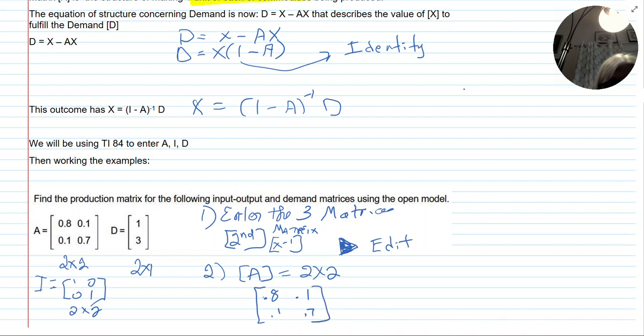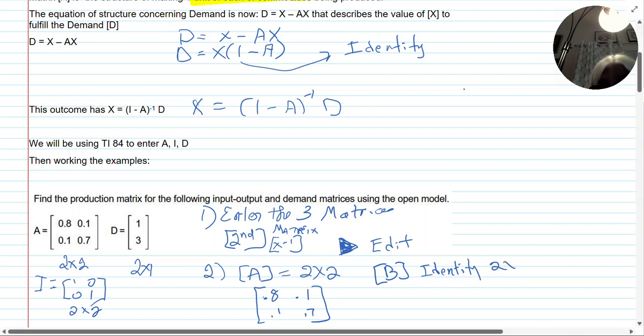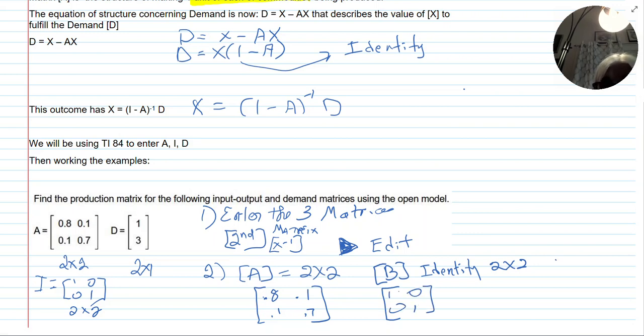And then this is A, and then our B would be our identity. And that's a 2x2. And that would be 1001.